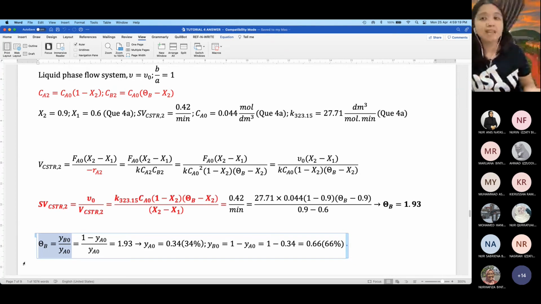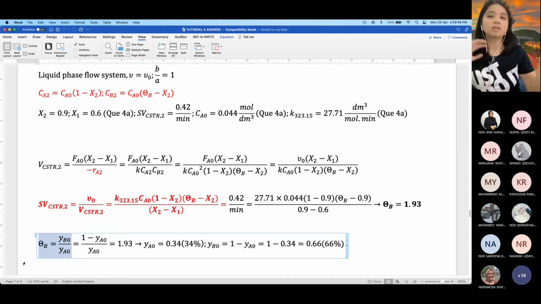So tak boleh sembarangan add, you cannot just simply, okay lah kita tambah equation. Tak boleh. So you have to figure out what other equation I can introduce. Okay, so it comes back to pemahaman kamu mengenai YB0, YA0. So YB0, YA0 ni kan mole fraction or mole percent. They are mole percent, right? So you know the total mole percent of A and B must be 100%, or in terms of fraction, 1.